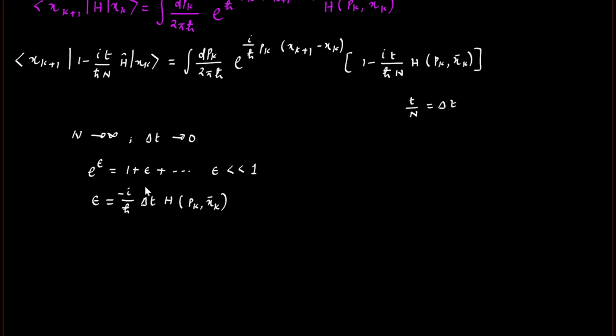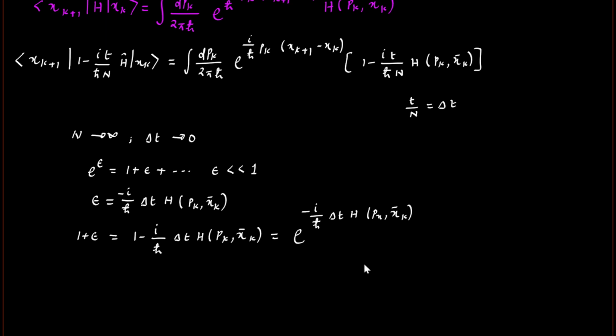So I can write in this case 1 plus epsilon, which is nothing but 1 minus i by h cross delta t H(p_k, x bar k), equal to exponential minus i by h cross delta t H(p_k, x bar k).